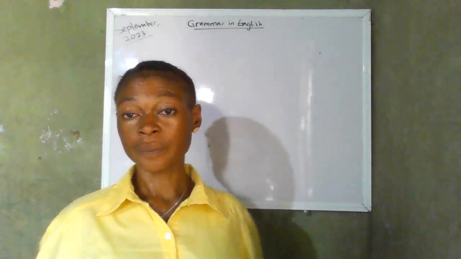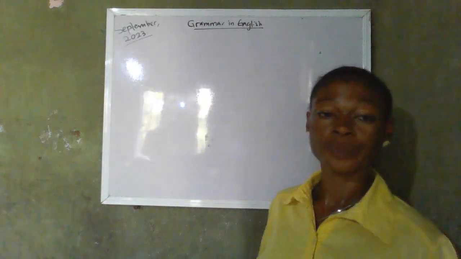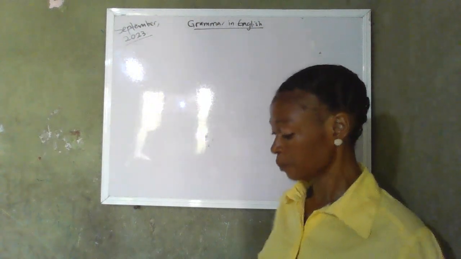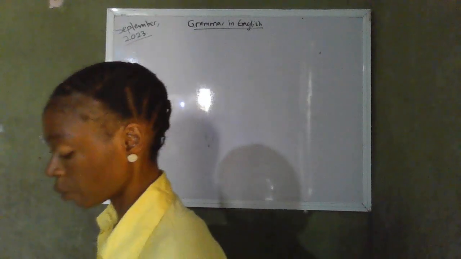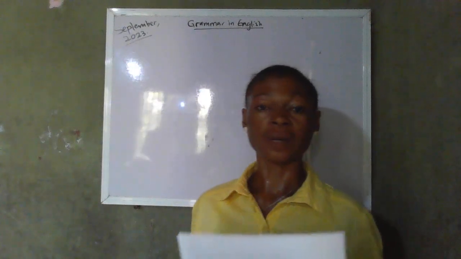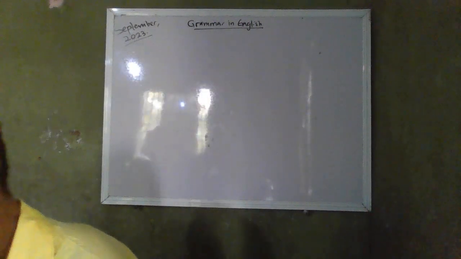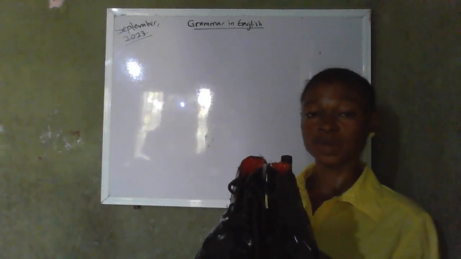For example, or for instance, here I have a pair of sandals. I have an envelope. I have a pair of shoes.